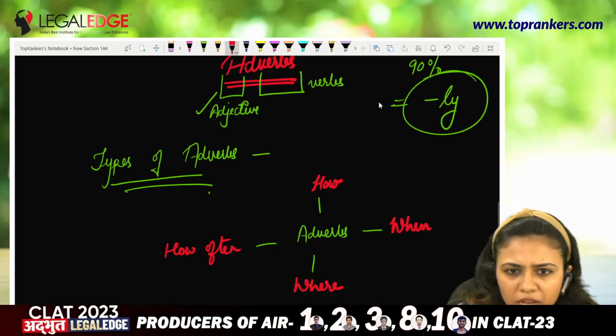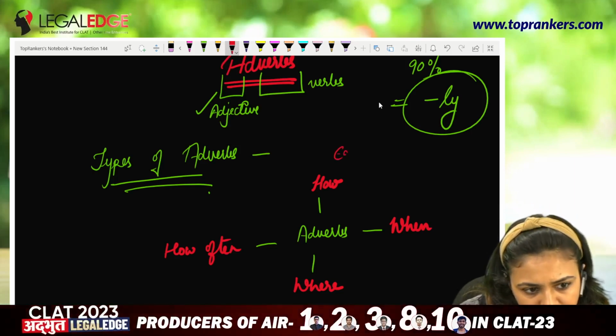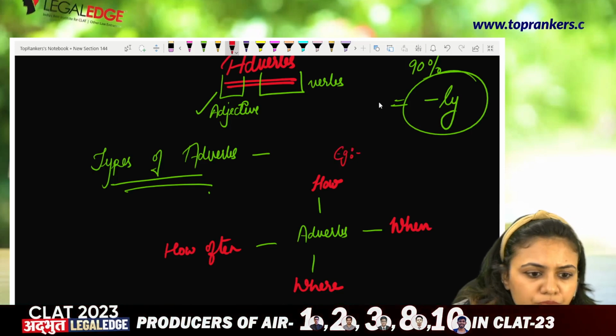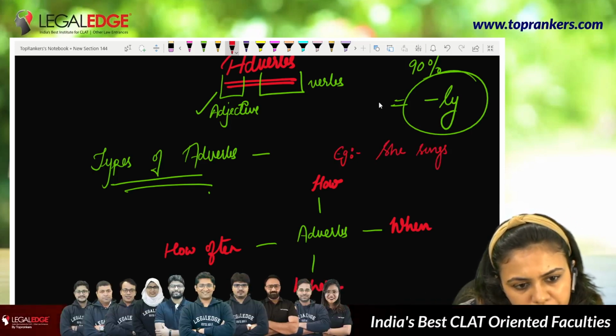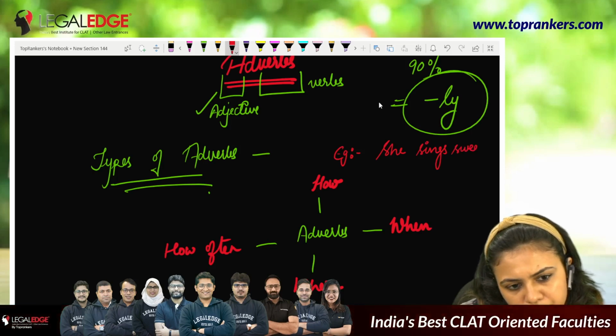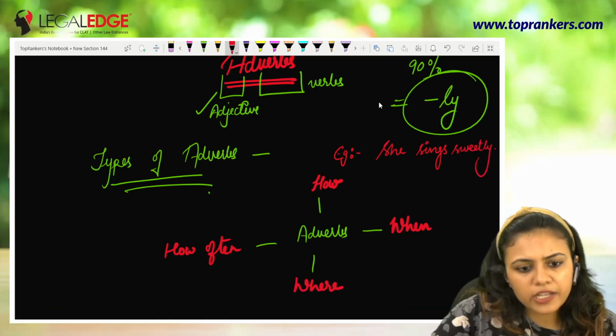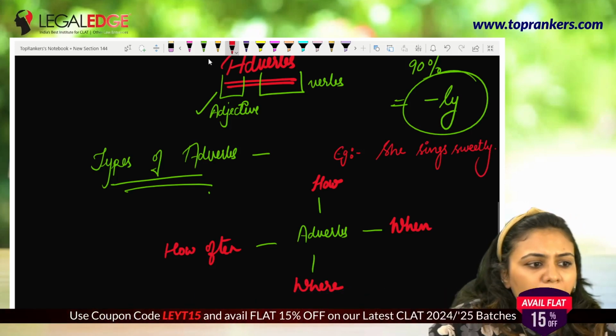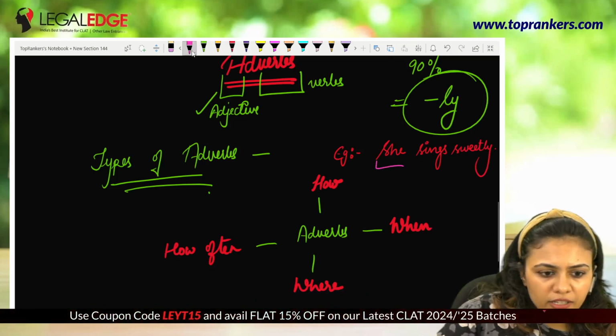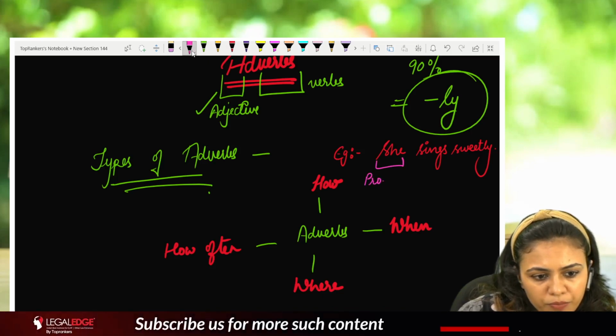So when I talk about how, let's take an example here. He sings sweetly, as you can clearly see, right? अब यहाँ पे हमें अच्छे से पता है that she is a pronoun.